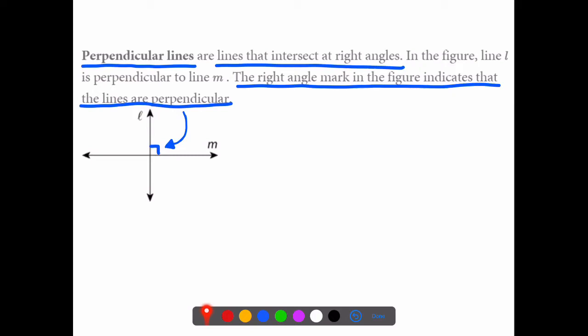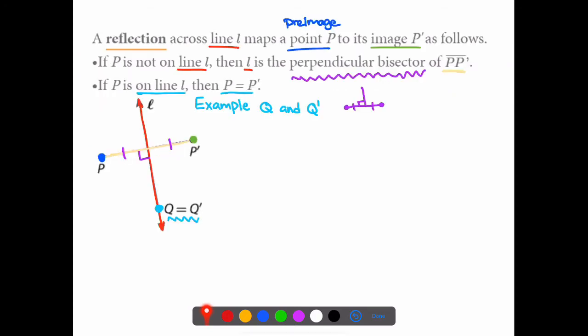All right, now a reflection across line L, so if I have this line here, line L, this is our line of reflection, maps a point P, we call that our pre-image because it doesn't have a prime, it's not in prime notation. So it maps point P to its image P prime as follows.